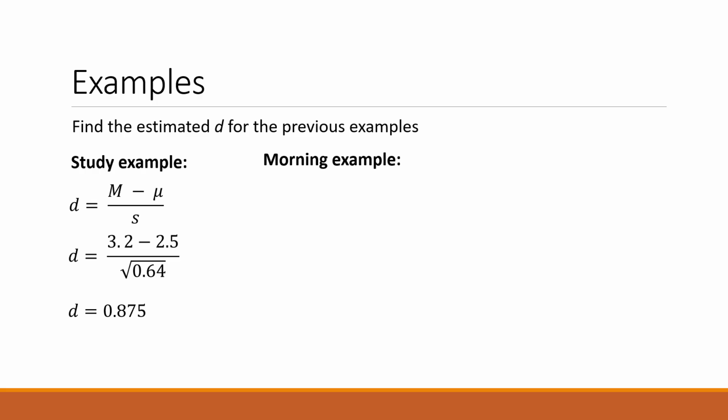So the mean difference is about 0.875 standard deviations. For the morning example, we have 3.46 minus 4 divided by the square root of 3.10, which is negative 0.307. The mean difference is about 0.307 standard deviations.